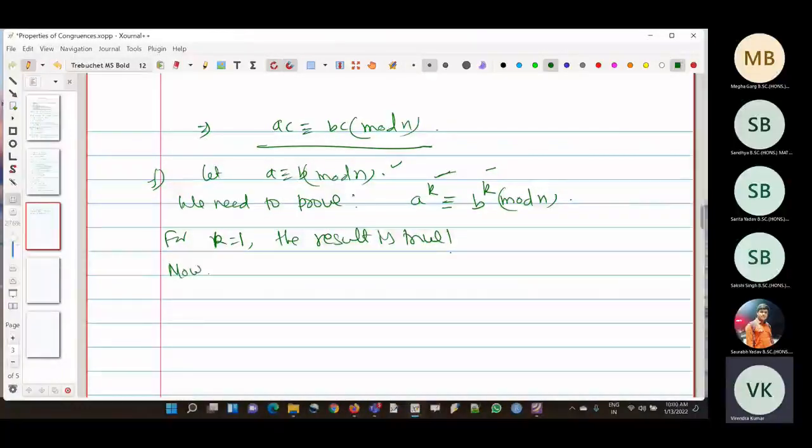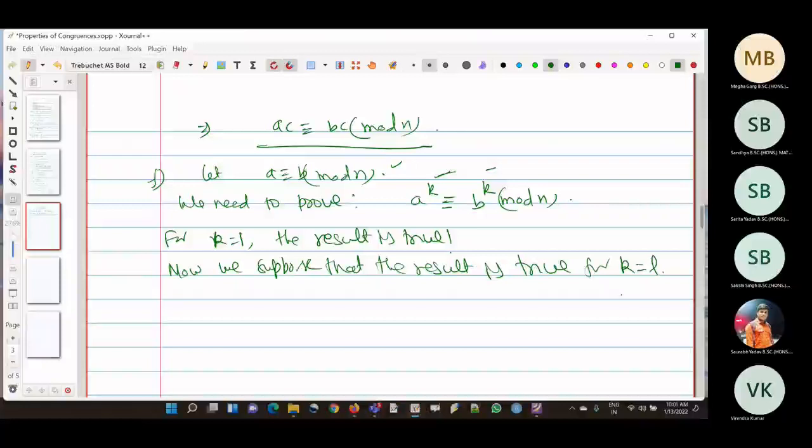Now we suppose that the result is true for k equals some L. Then we claim A to the power L plus 1 is congruent to B to the power L plus 1 modulo n.